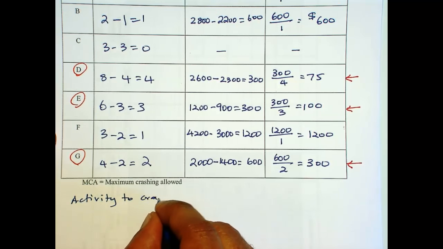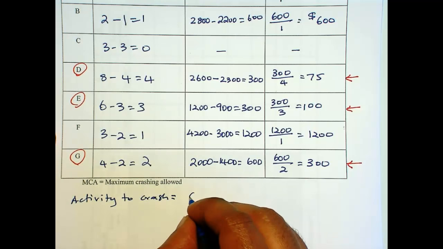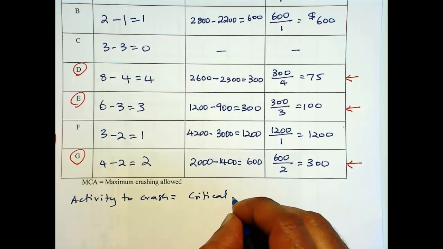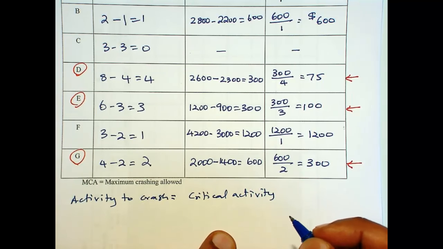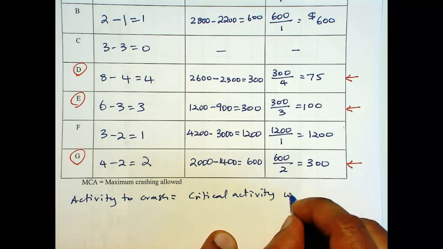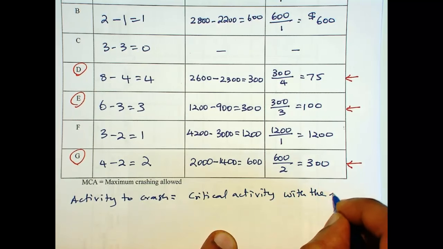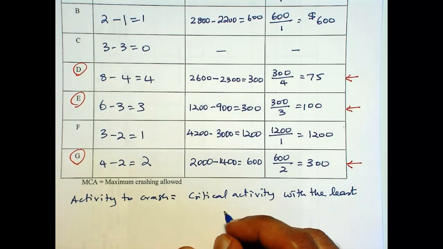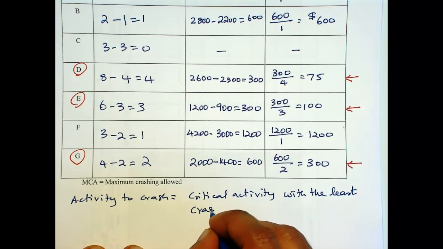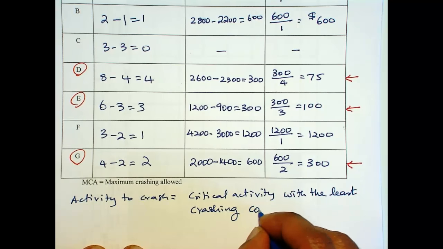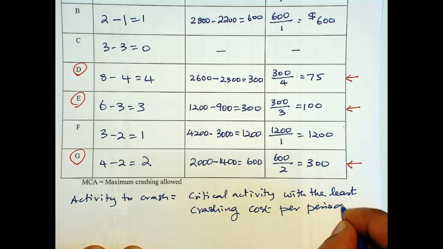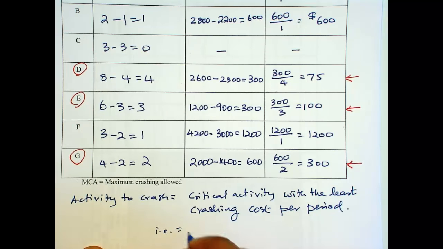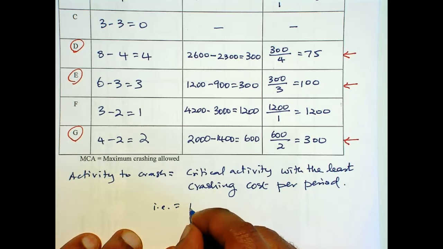Critical activity with the least crashing cost per period. In this case it's per week, and that is activity D, $75 per week.